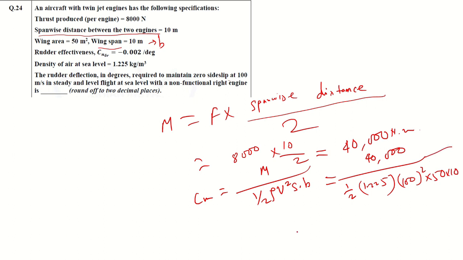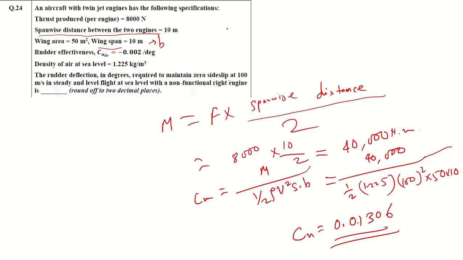After solving this, we have the yawing moment coefficient Cn equal to 0.01306.